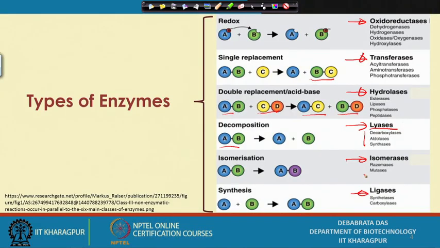So for this transformation we require an enzyme called glucose isomerase. Then we have ligases. Ligases means 2 molecules attach together. You can see this is how enzyme classification can be done.